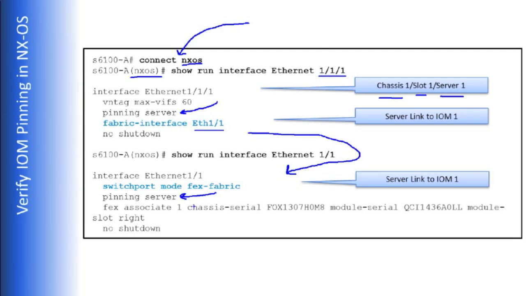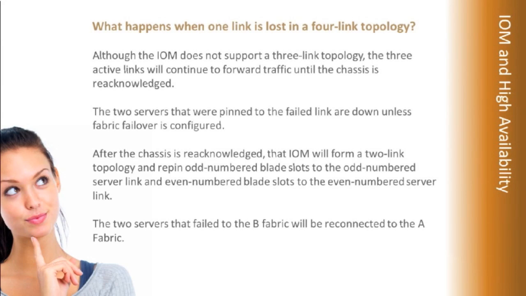We typically target multiple input-output module links to the Fabric Interconnect, right? If we have the loss of one of those links, we would have a loss of connectivity for servers that are pinned to that link.